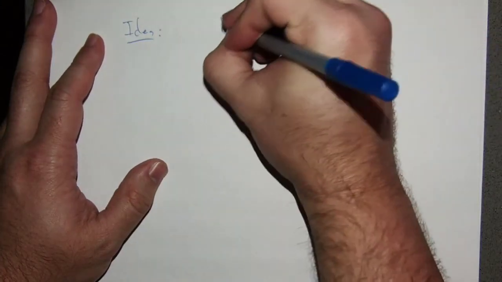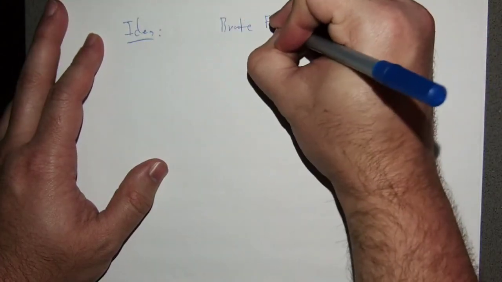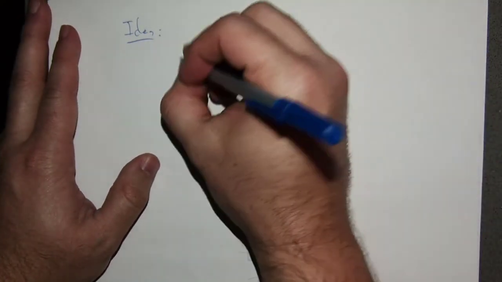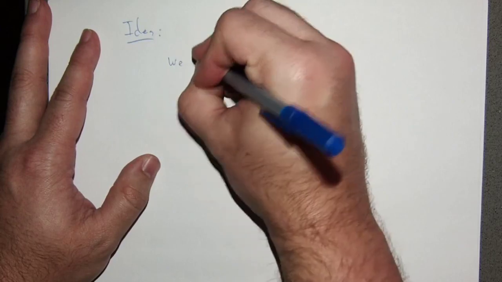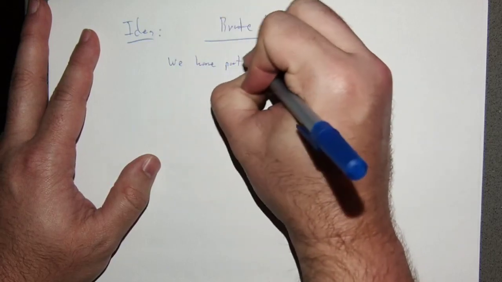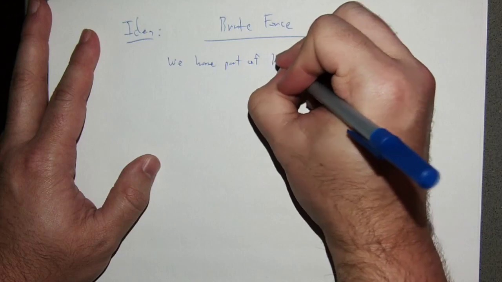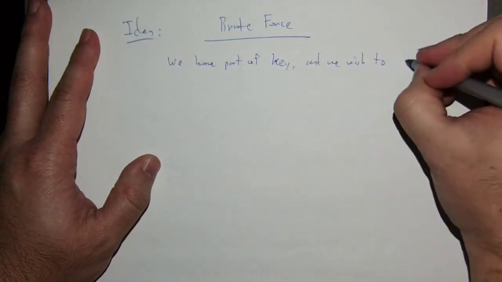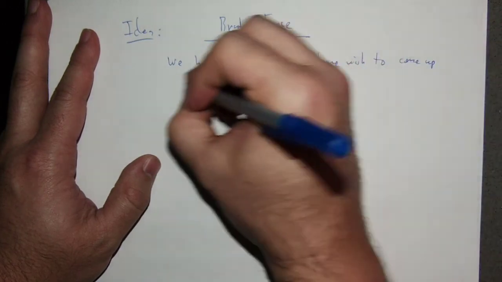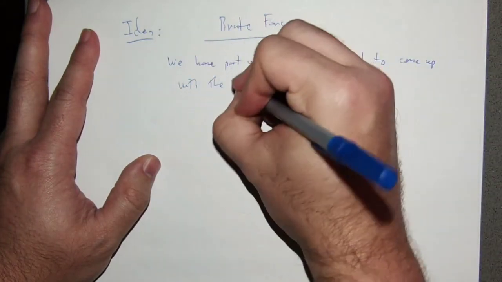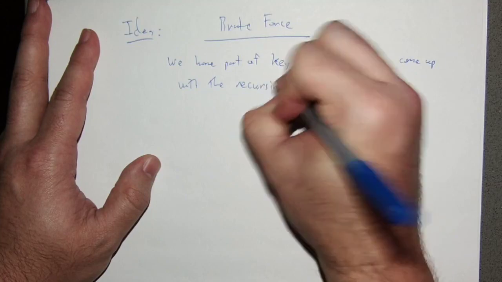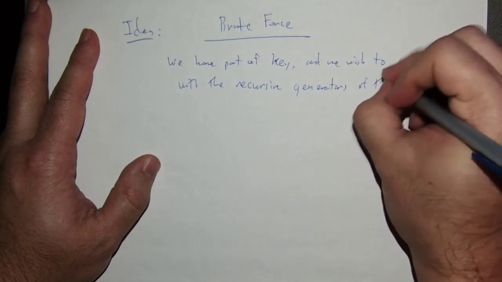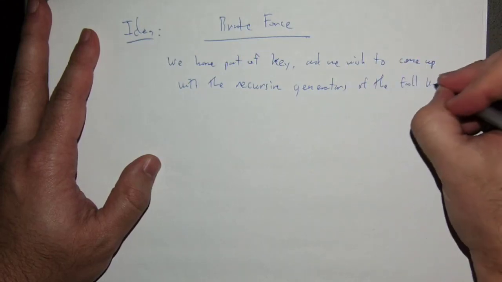So this is the brute force method, not refined brute force, just brute force. The brute force method is we have part of a key, and we wish to come up with the recursive generation or generators of the full key.